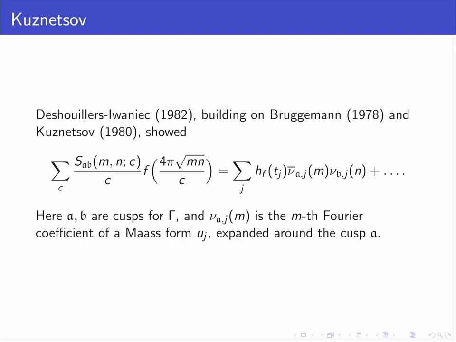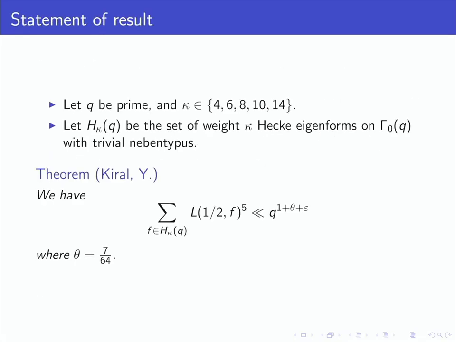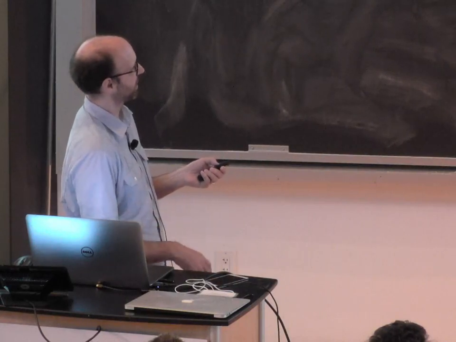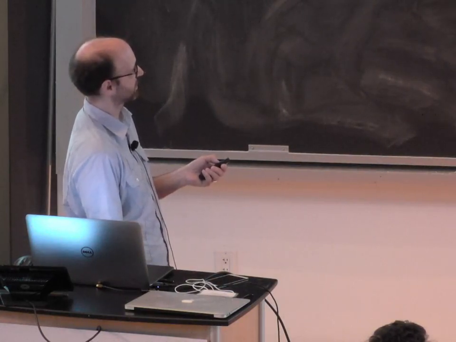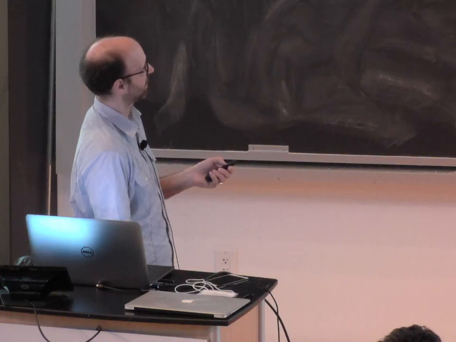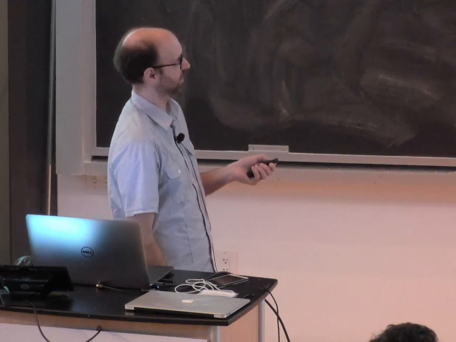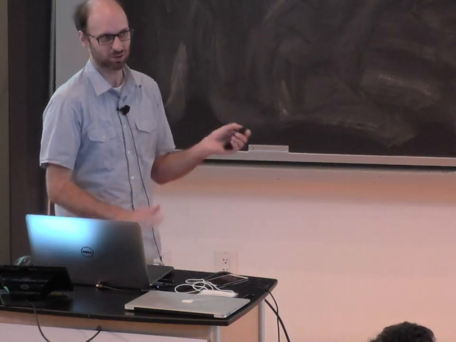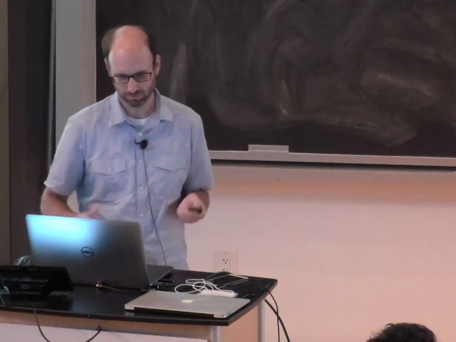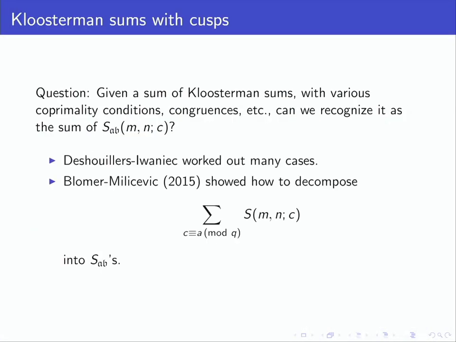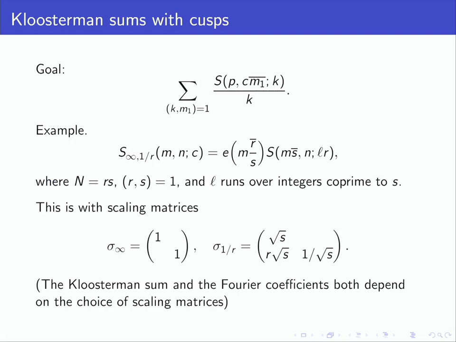So the notation is S_{ab}, but it actually doesn't just depend on the cusps, it depends on the choice of scaling matrices. And then also on the spectral side, where we have these Maass forms and the Fourier coefficients at a and b, those also depend on the choice of scaling matrices. So on both sides, they compensate perfectly for each other. It's an issue that I hadn't really thought about very carefully before, but it turns out to be pretty important for this.